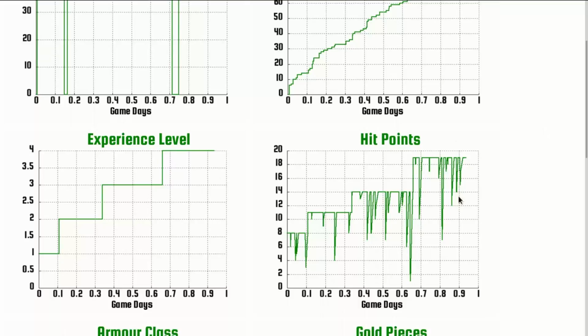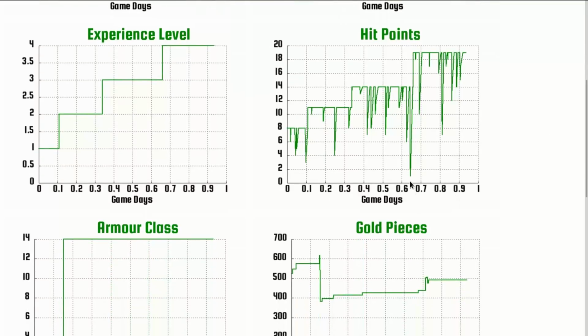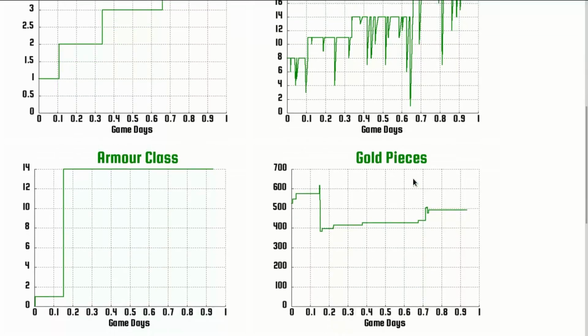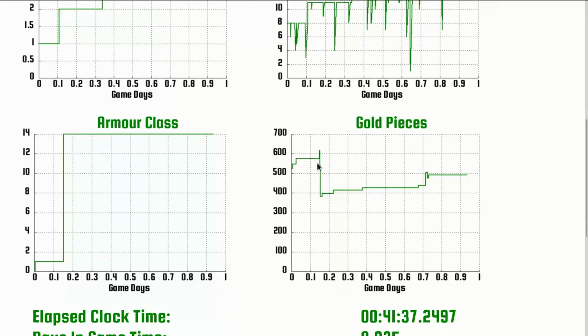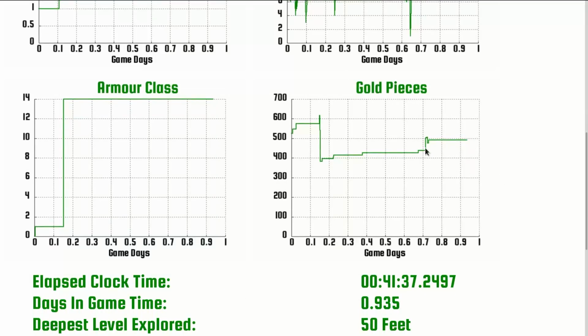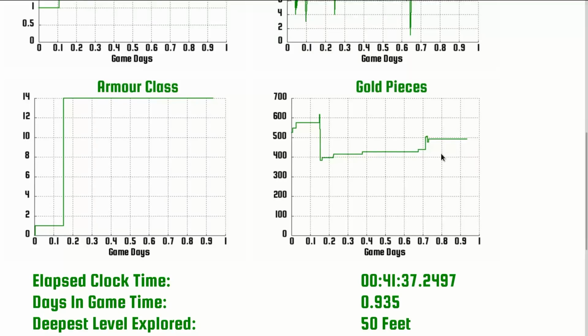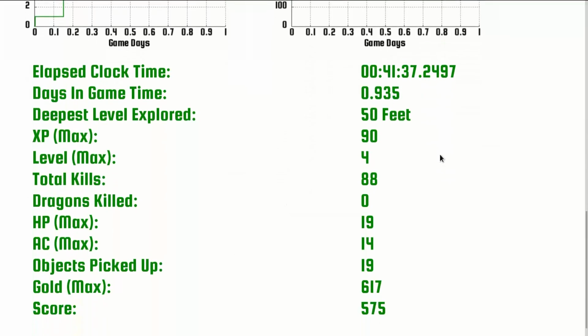Nice stair step here. Oh, there's where we just about died, where we did die, but came back to life. Armor class, gold pieces, buying and selling in the store. These areas. And here are our stats. But how do we rank up?